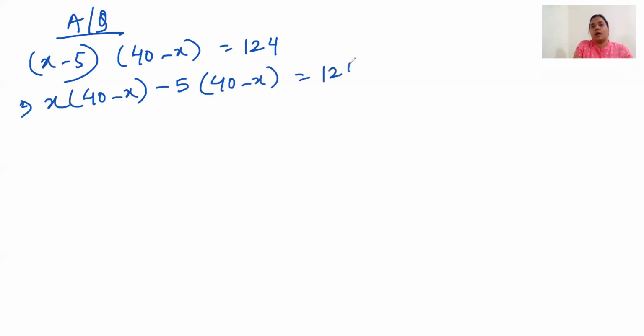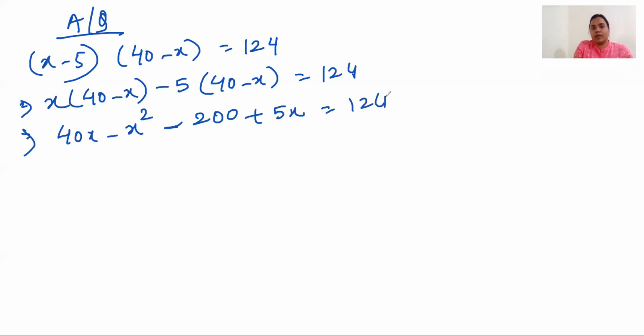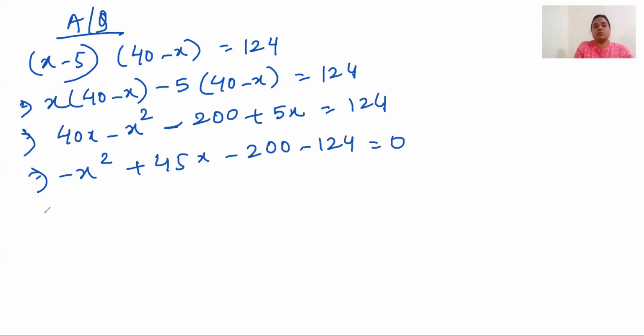First I'll have to frame a quadratic equation. 40X minus X squared minus 200 plus 5X is 124. I'll keep minus X squared, plus 40 plus 5, 45X, minus 200 minus 124 is equal to 0.